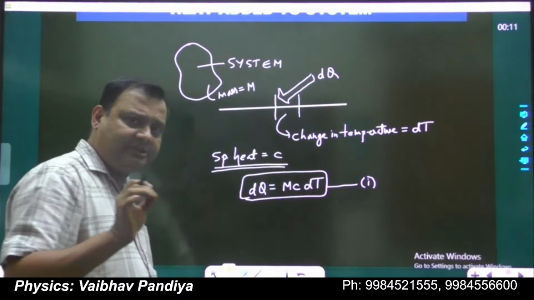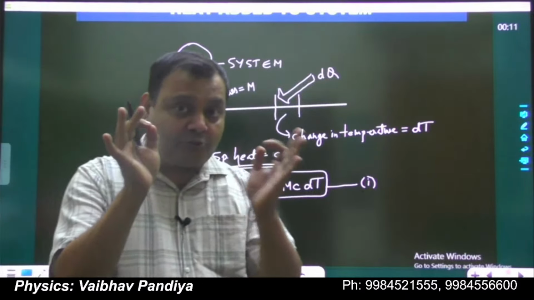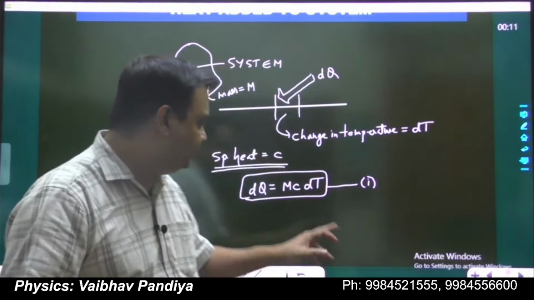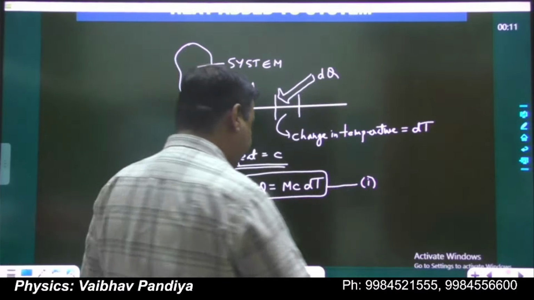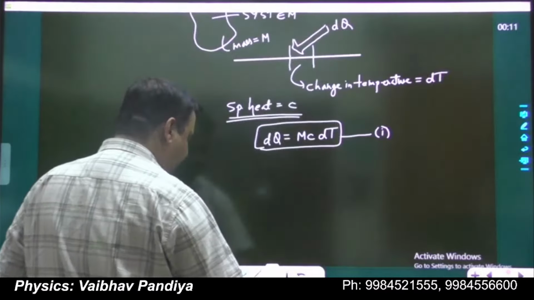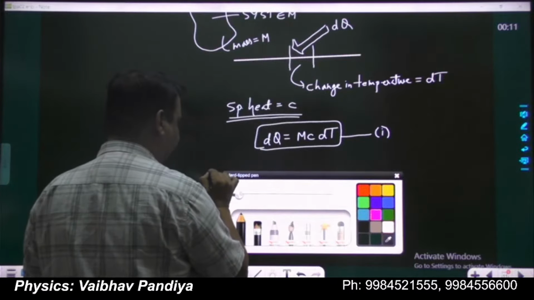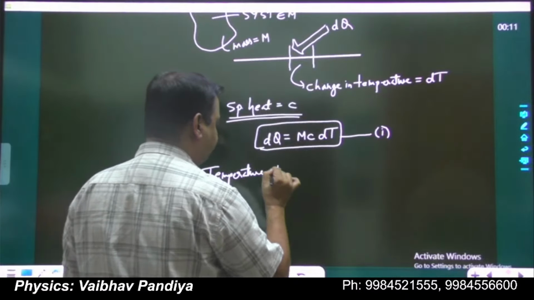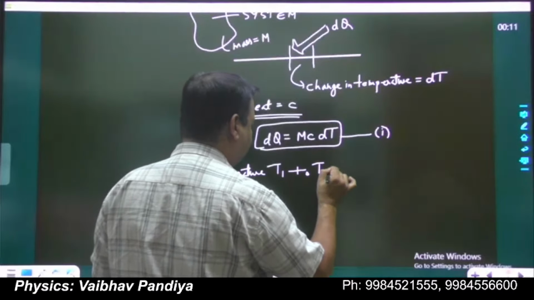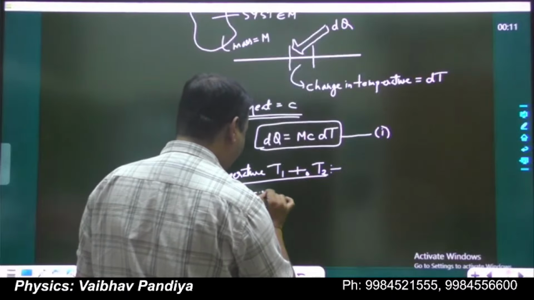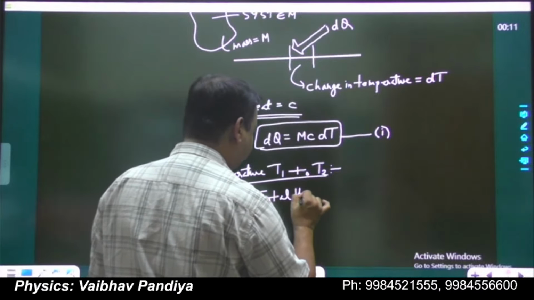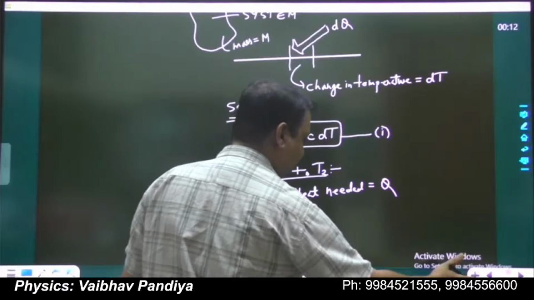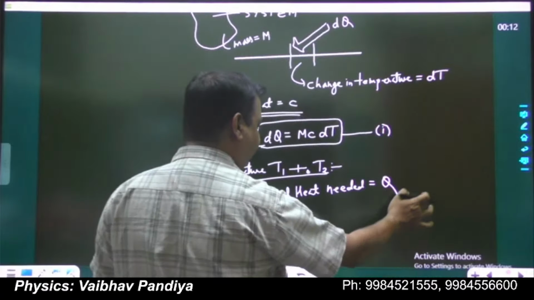This is the value of dq. Now dq is basically giving you an infinitesimal amount of heat, a very small amount of heat in common language, to change the temperature by dT. Now, if you are changing the temperature from, say, T1 to T2, and total heat needed is capital Q, we will apply the concept of integral, correct?